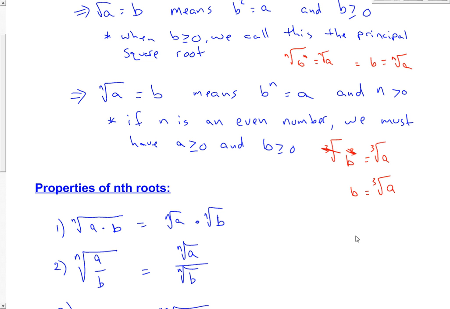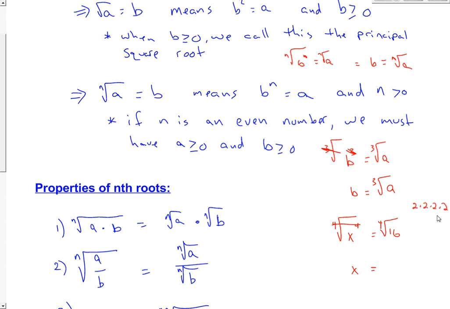If I had a number there, let's say I had x to the fourth is equal to 16, you would take the fourth root of both sides, and that cancels out the exponent to leave you with x. And the fourth root of 16, because 16 is found by multiplying 2 times 2 times 2 times 2.